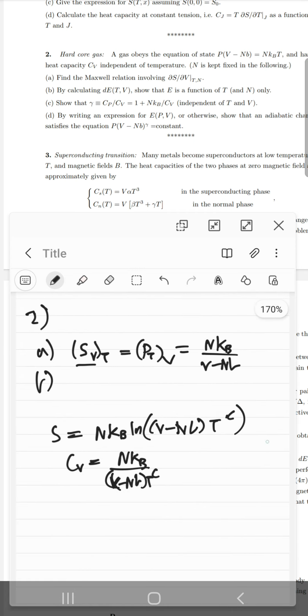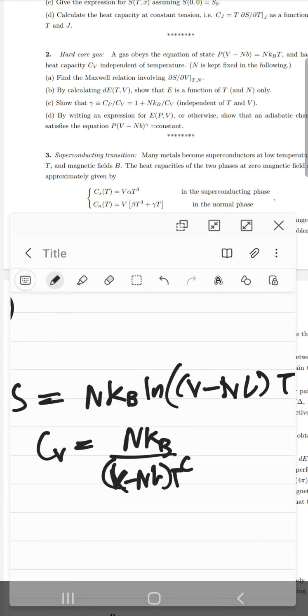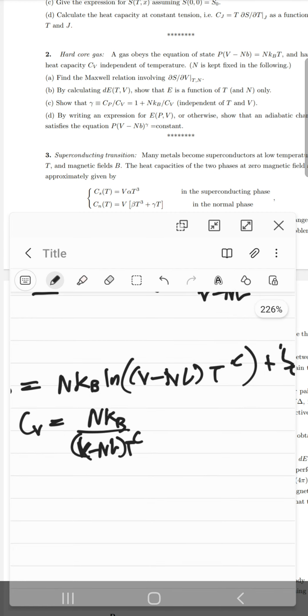It's actually plus some sort of a constant, but we kind of don't care about that stuff at this point. Okay, so nkB upon V minus that stuff, fine, times the derivative of this with respect to temperature. Okay, wait a second, so that V stuff, that's going to be cancelled in any case because the volume is constant. So basically we just have nkB times C is some constant, and so it should just be nkBC, and then the natural log of T derivative, so just 1 upon T over there. Is that constant volume, right?